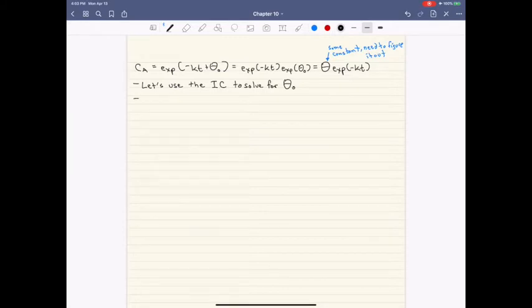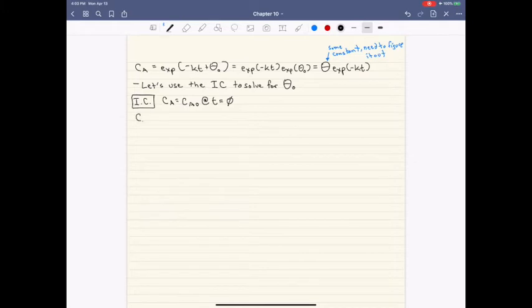Okay, so our initial conditions, I'll box it in here. What we're told in the problem statement is that the concentration of A is equal to some Ca naught at time equal to 0, at some initial time. So we could take this initial condition and plug it back into our equation in order to solve for theta.